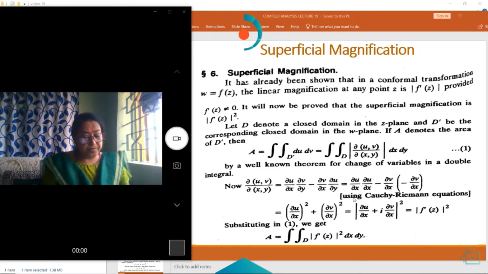Then substituting the Cauchy-Riemann equations, we get (del u by del x) squared plus (del v by del x) squared, that is the modulus of f'(z) the whole square. So substituting this in 1, we get A is equal to the double integral of |f'(z)| the whole square dx dy.